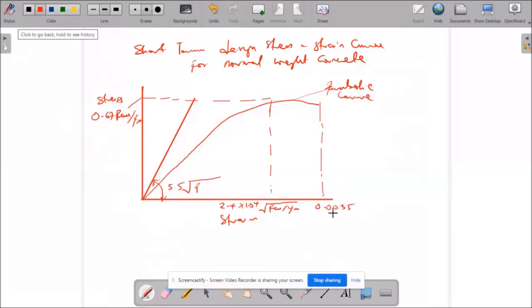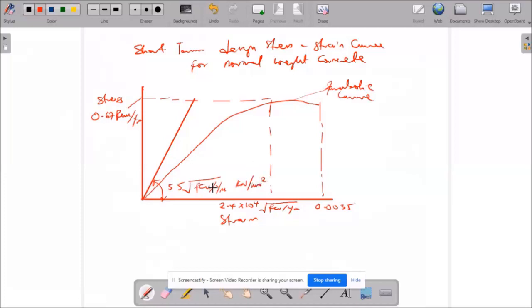At this point, we have our strain value. Then for our tangent, we look at the initial tangent of the parabolic curve, which is given here as 5.5 square root of FCU over the material strength in kilonewton per millimeter square.